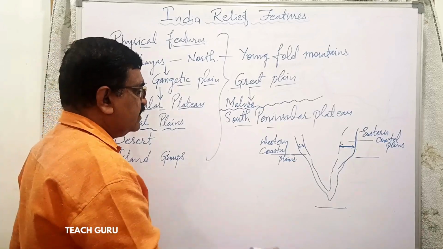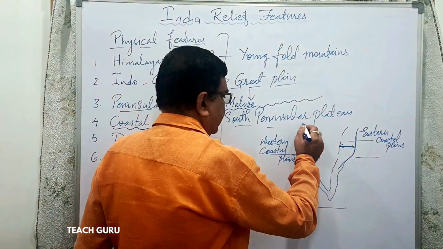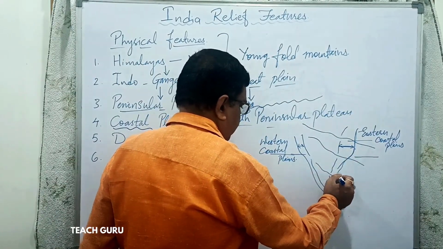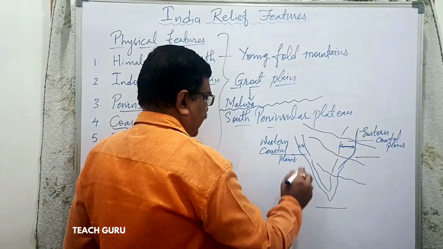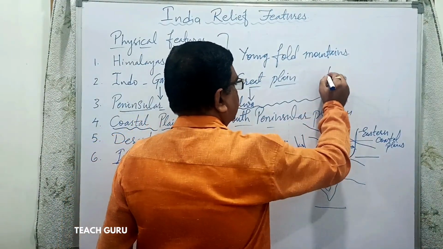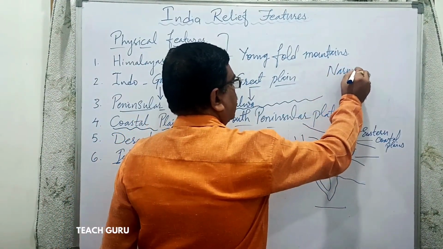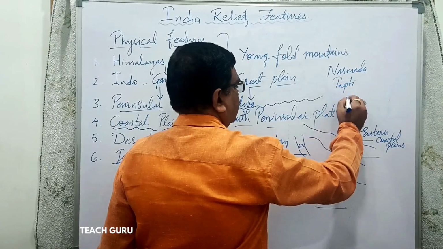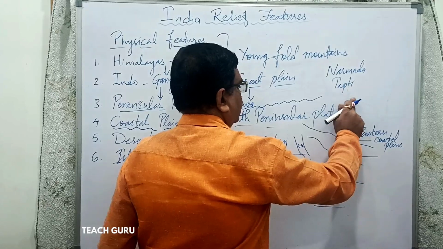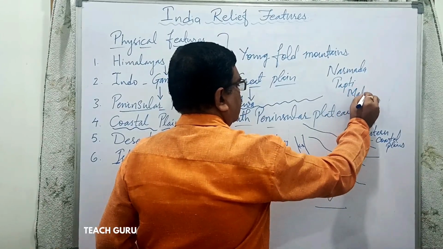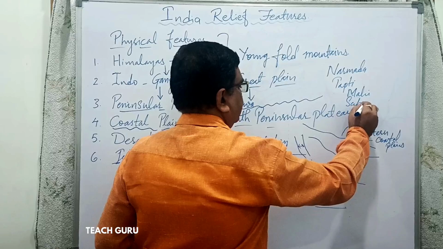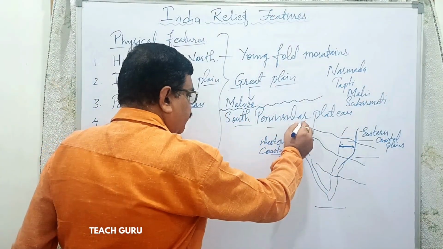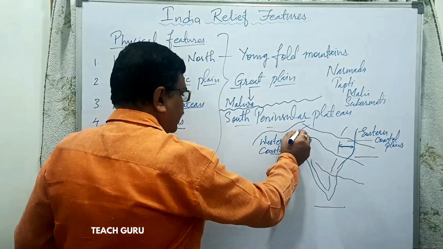The reason is that most of the rivers which are rising in the peninsular plateau will flow through the eastern coastal plain and will drain into the Bay of Bengal. And very few rivers like Narmada, Tapti, Mahi, Sabarmati will flow towards the west and will drain into the Arabian Sea.